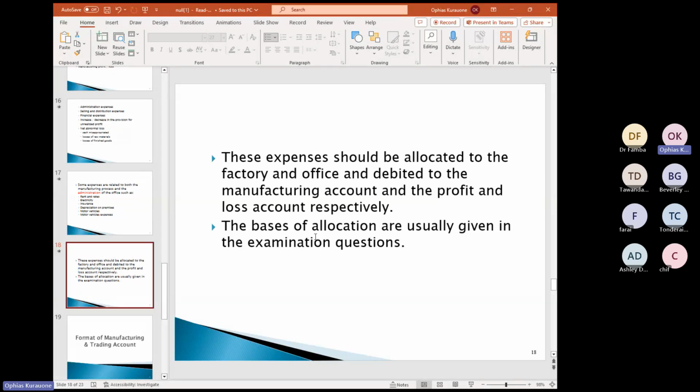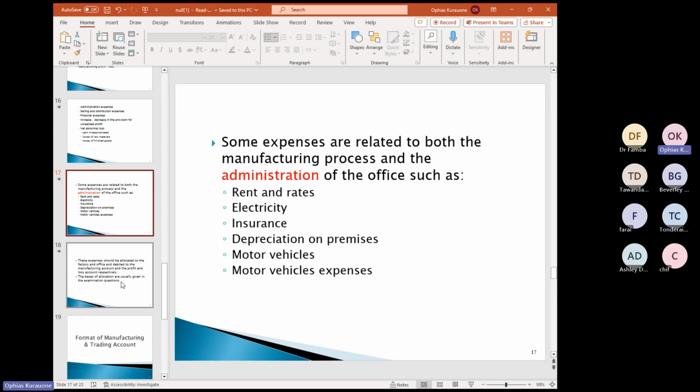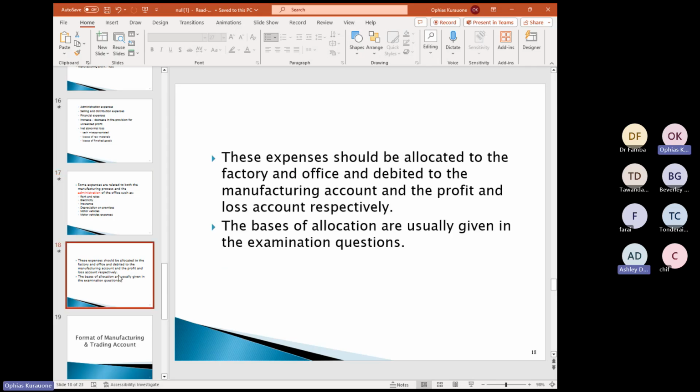The basis of allocation is usually given in exam questions. Sometimes you can be given the basis of allocation, to say two-thirds of the administration should be allocated, or of the heat and lighting, it will be allocated to the factory or to a department. Like what we did on the departmental stores last semester.